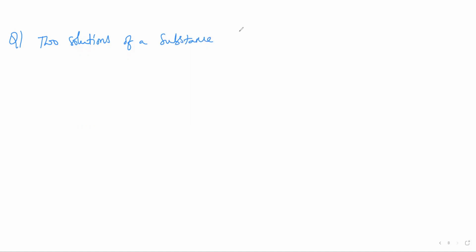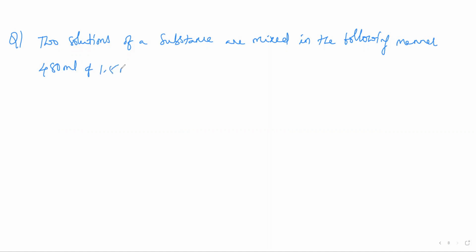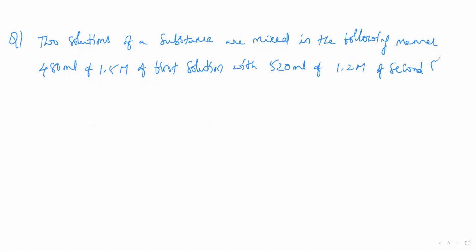Two solutions of a substance are mixed in the following manner. 480 ml of 1.5 molar of first solution with 520 ml of 1.2 molar of second solution.